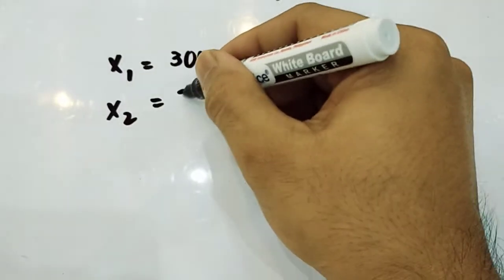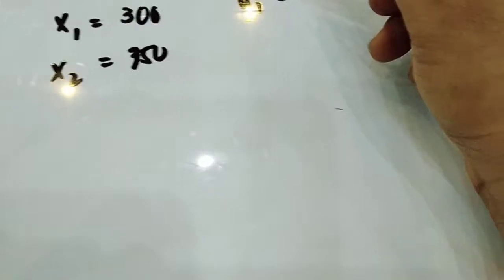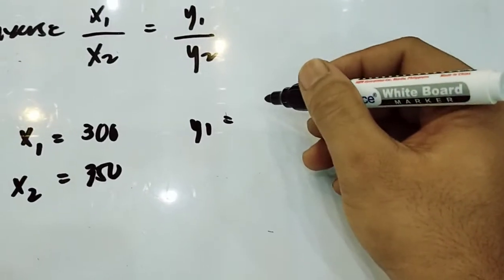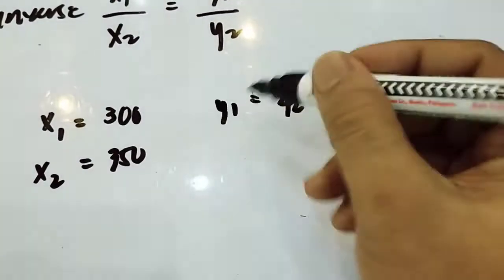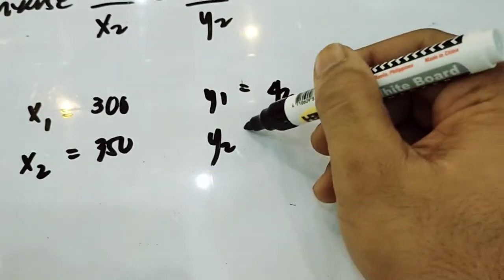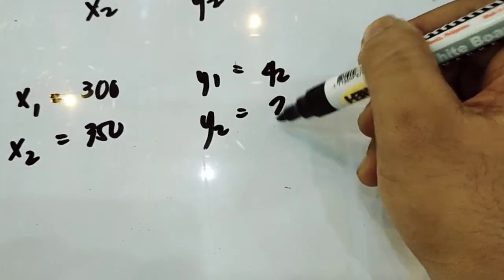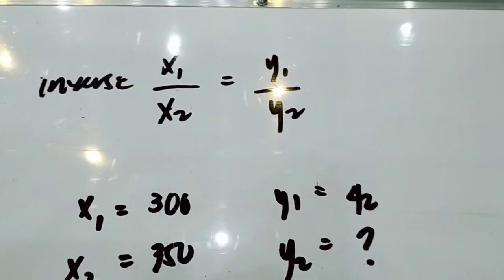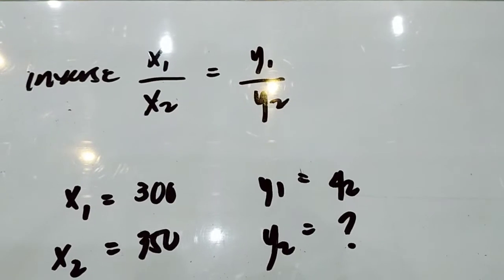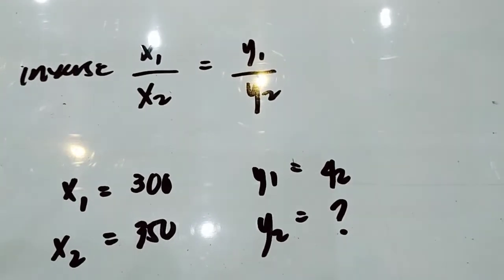So you have 350. Y sub 1 is 42 days. So dito 300 is to 42. So y sub 2 ay ito yung unknown natin. So kung susundin lang natin yung formula na yon, you have 300 over 350.